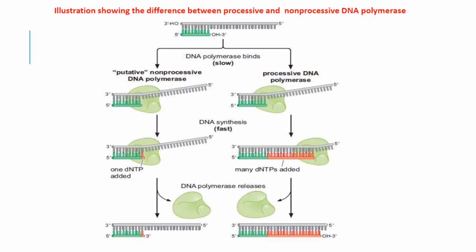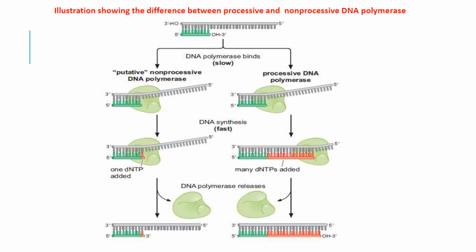so now there is one more thing. This diagram illustrates the difference between processive and non-processive DNA polymerase. In prokaryotes, DNA polymerase 1, and in eukaryotes, DNA polymerase alpha, are both non-processive DNA polymerases.